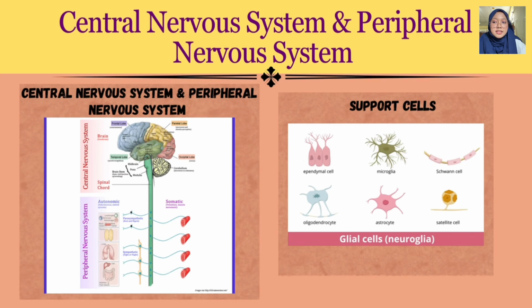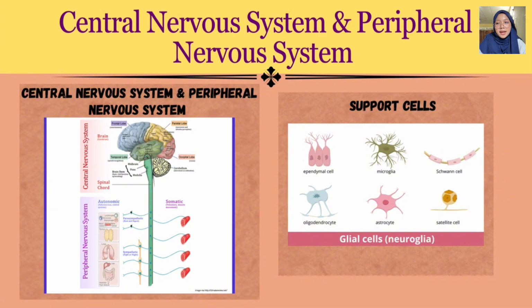And then it has the microglia that act as immune cells, protecting the CNS by removing debris and pathogens. And the last one is the ependymal cells that line the ventricles of the brain and help to produce and circulate cerebrospinal fluid.